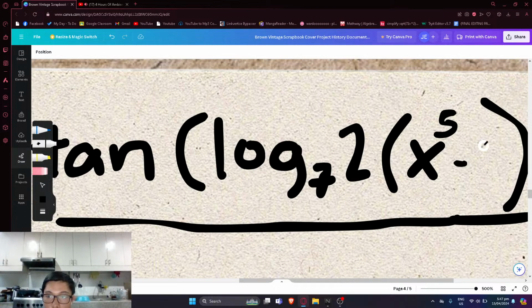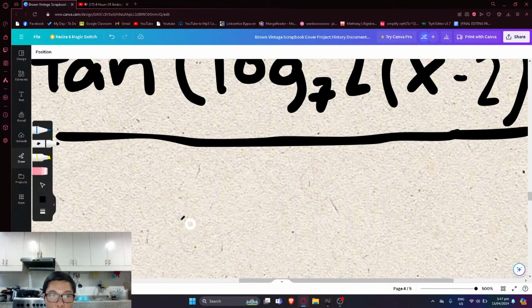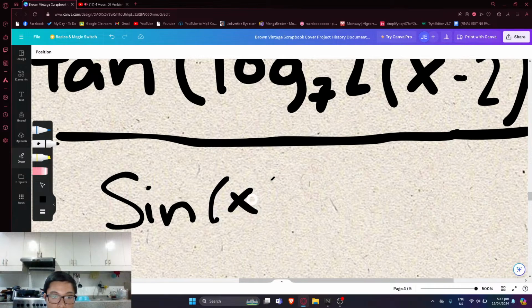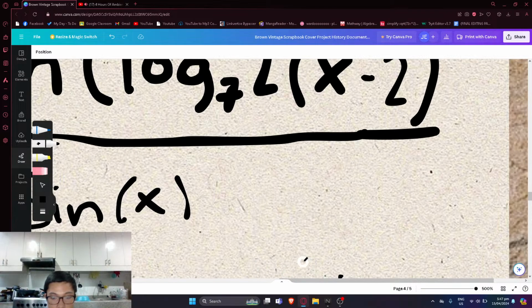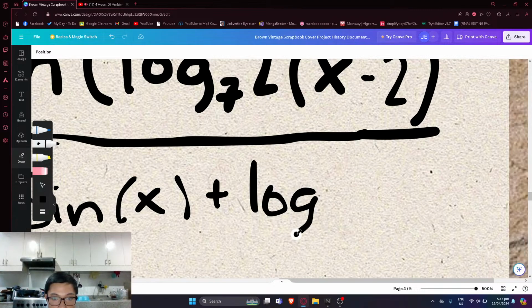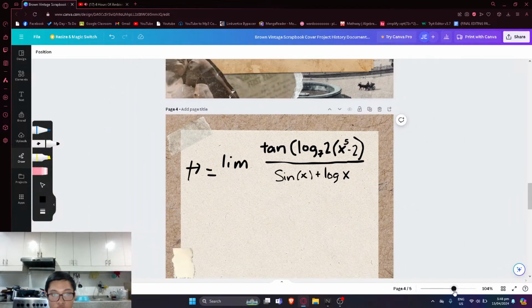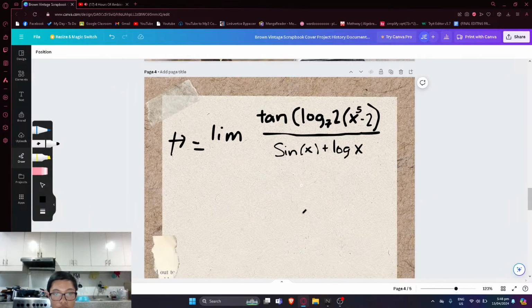X to the fifth, let's see, minus 2 over sine of x plus the log x. Alright. This is good. This is a good problem.